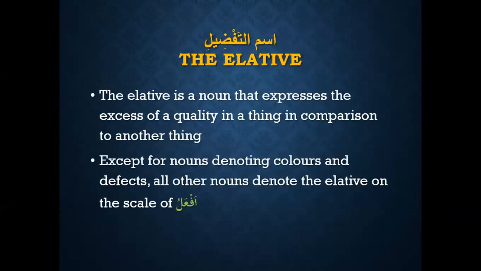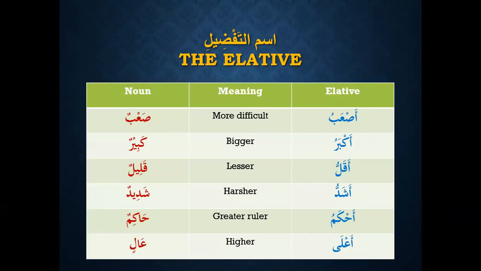And then اسم التفضيل أفعل. If you wanted to explain some of the extra bits which come on the scale of أفعل. So أفعل is actually the color and defect scale as well as the tafdeel scale, which is comparative or superlative degree. So أصعب, more difficult or most difficult.